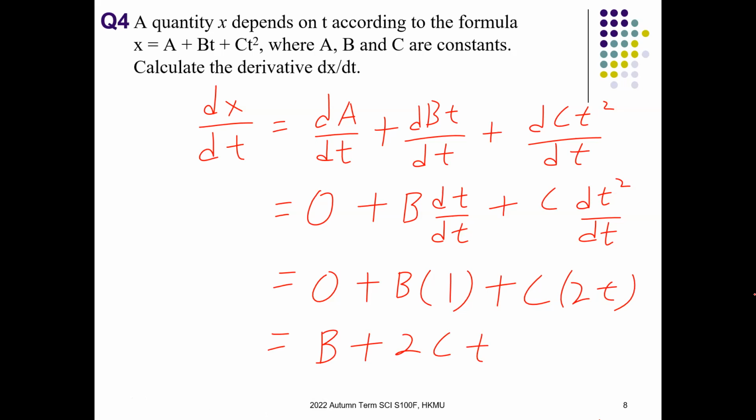Originally, x depends on the highest power order of t. This is equal to 2. And now, after the first derivative, we know the power order drops by 1, so that it depends up to t only with a power order 1.